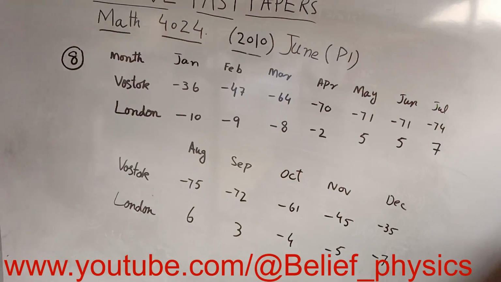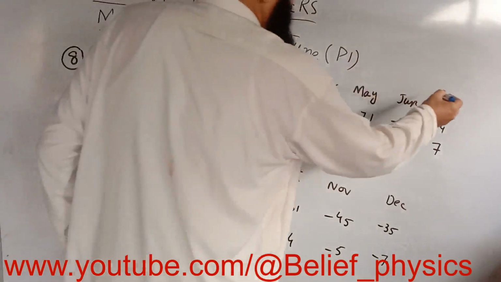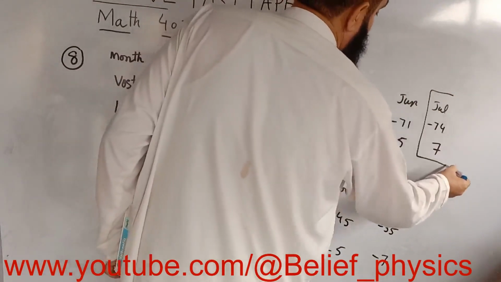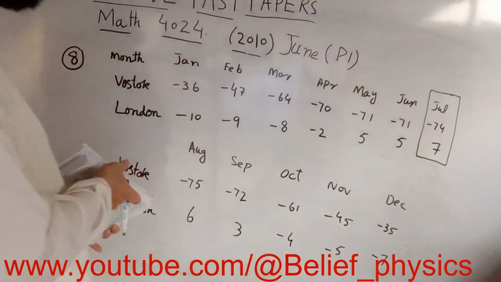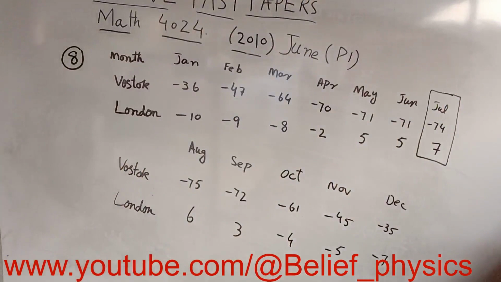Question part 1 is, find the difference between temperature in Woodstock and London in July. This is July. So we have to find the difference in temperatures.